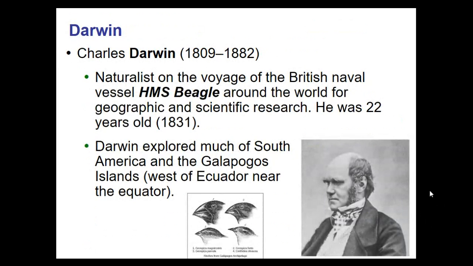Of course, Darwin is the most important character in the history of the theory of evolution. He's the one who came up with the theory of how evolution happens, that it happens, and how it happens, and the way that he proposed that it happens is natural selection.